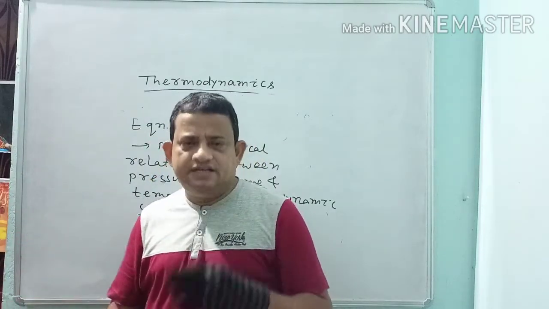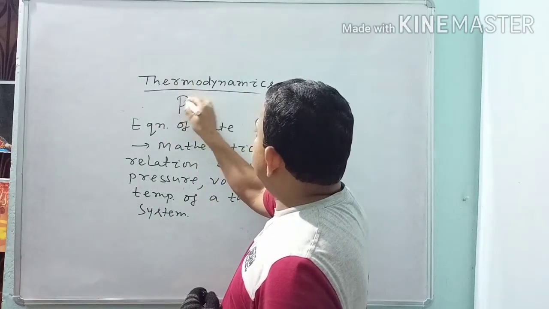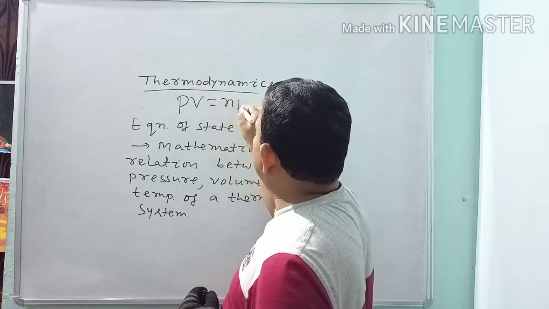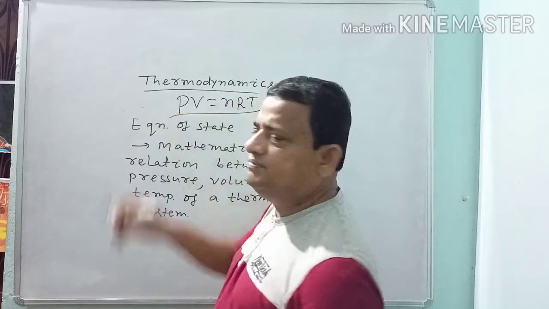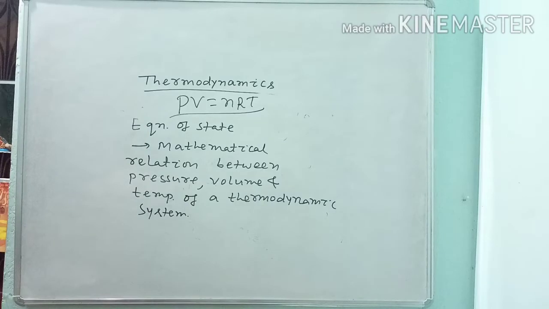If I write an equation, suppose I write PV is equal to nRT. P is the pressure, V is the volume, R is the gas constant, T is the temperature in absolute scale or Kelvin scale, and n is the number of moles.